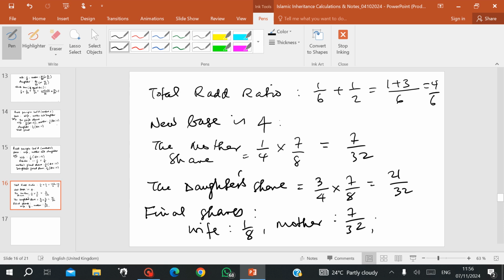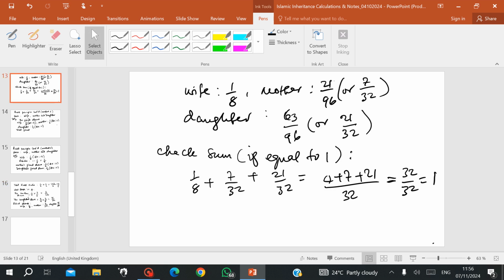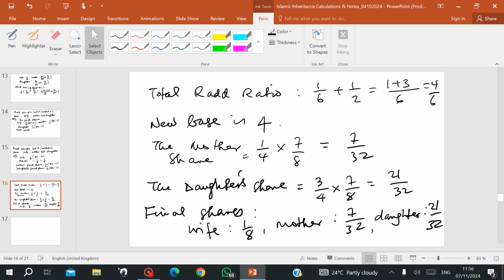And then we have daughter, 21/32 as before. Check this one, and if you go to what we have before, you will see that it's the same thing. See, 1/8 wife, mother 7/32, and then daughter 21/32, which is the same thing as we have here.